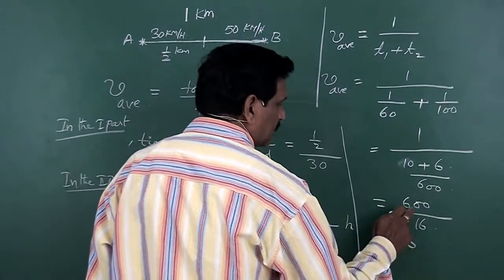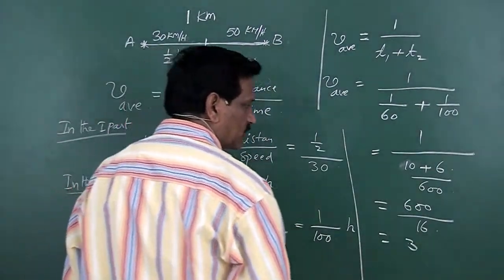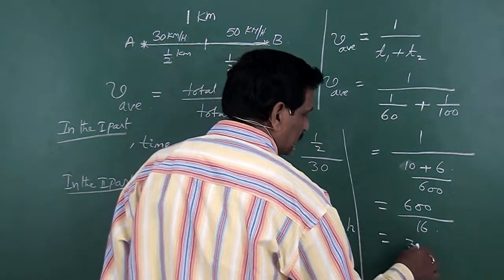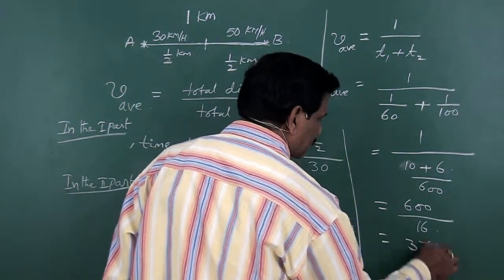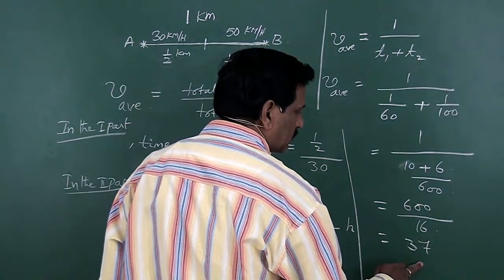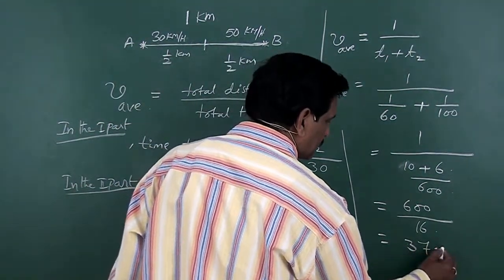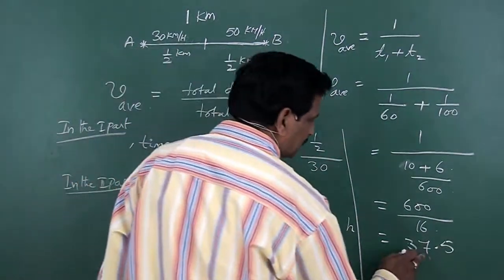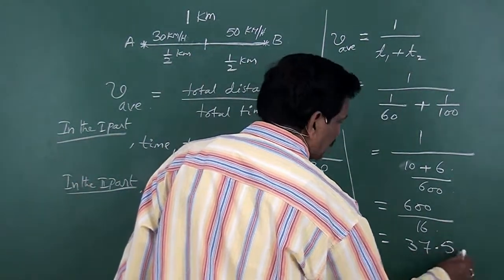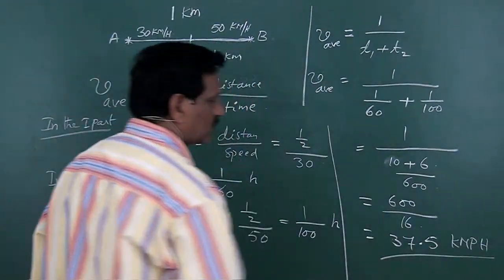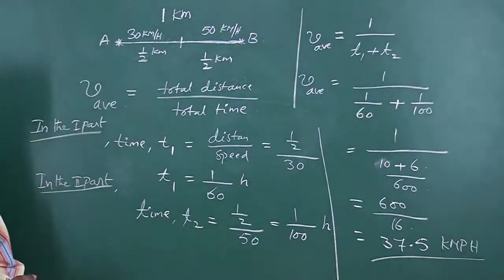Then 12, 1 to 0, 120. 120 means 16 7 times, 16 7 times 112, and there is 8. So, 16 5 times. So, 37.5 kilometer per hour. So, this is the average speed of the car.